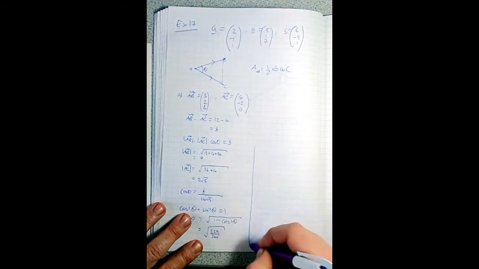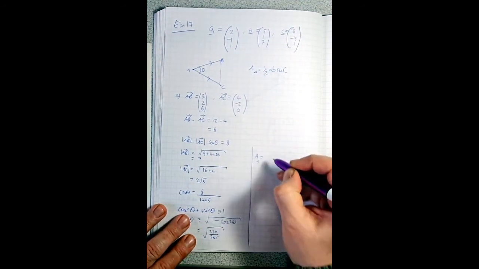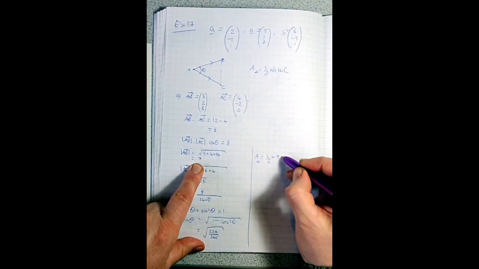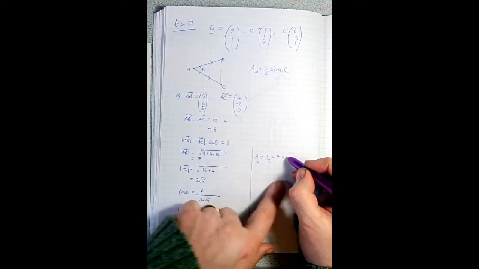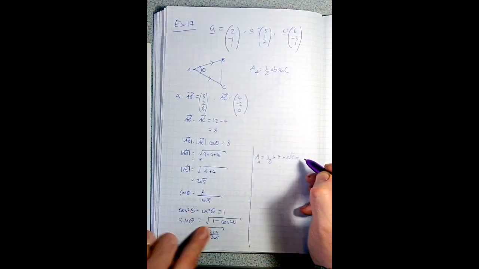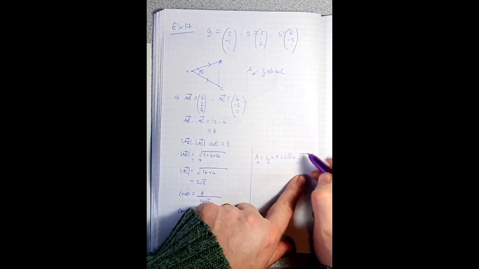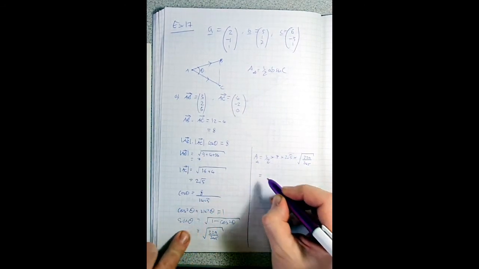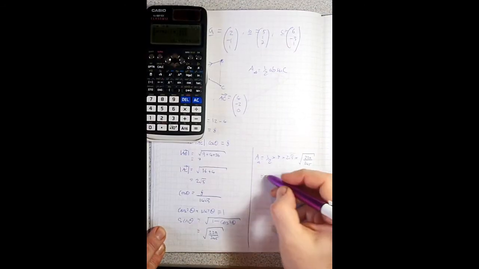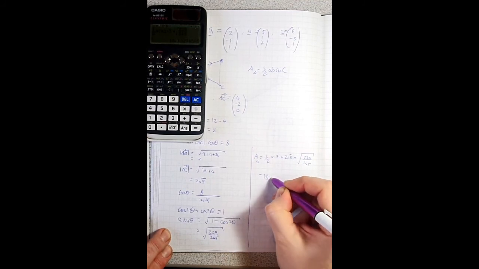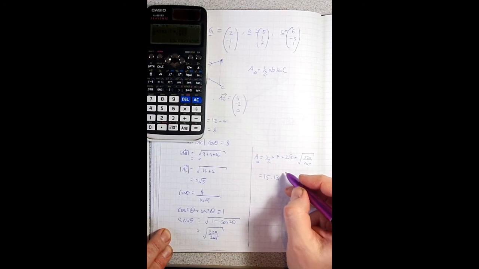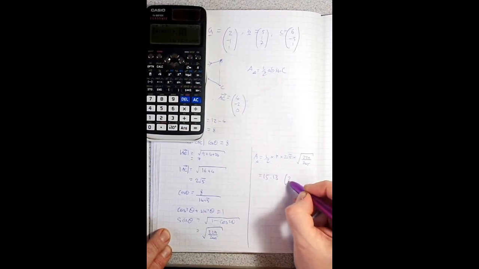Right, so the area of the triangle is a half mod AB times mod AC times the square root of 229 over 245, which is 15.13. Don't know if it's centimetres or what, it doesn't really matter at this stage.